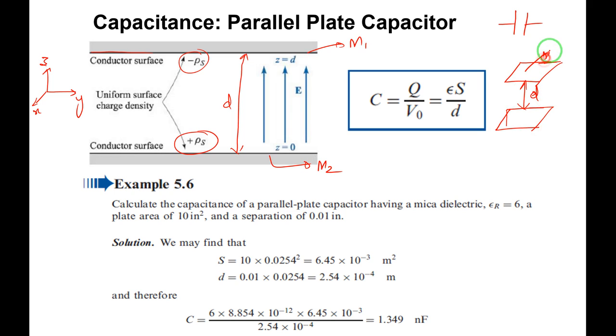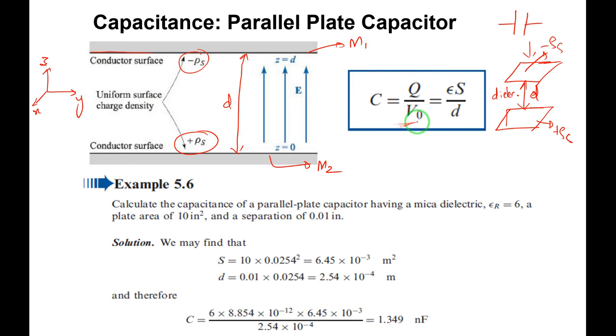This is negatively charged, with surface charge density minus rho s, and this is plus rho s. In between them there is a dielectric medium. If I look from the top view, this is the metallic plate. If I look from the front view, it just appears like a line. They have shown it like this.